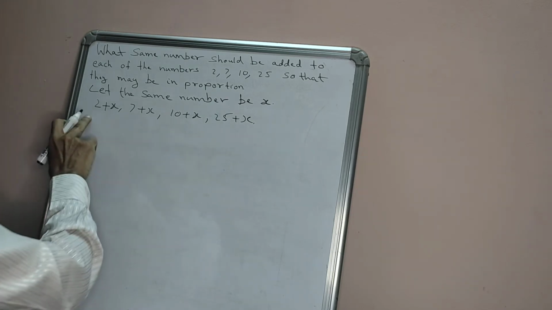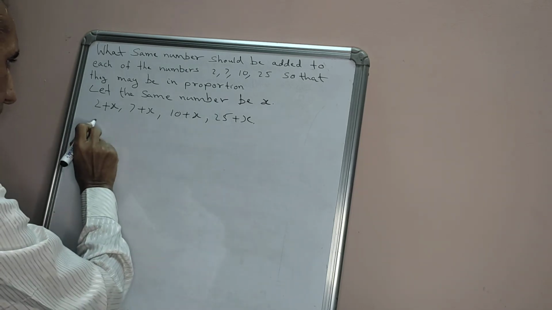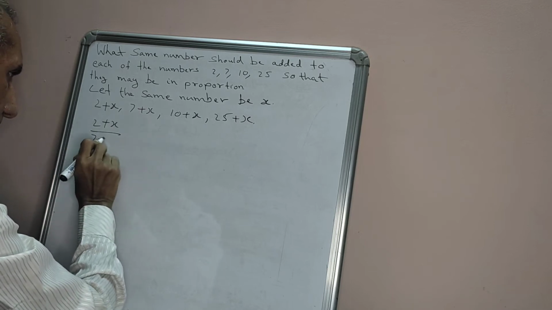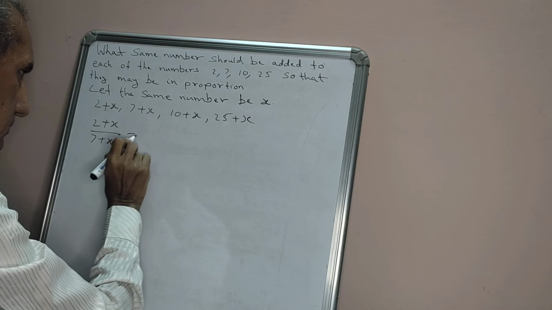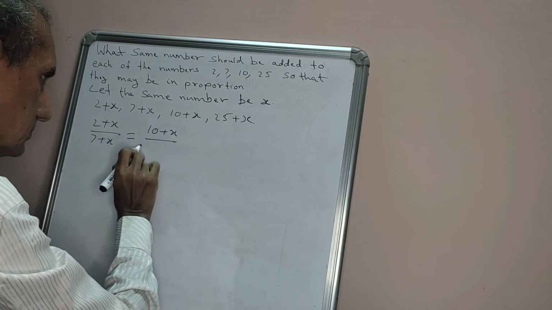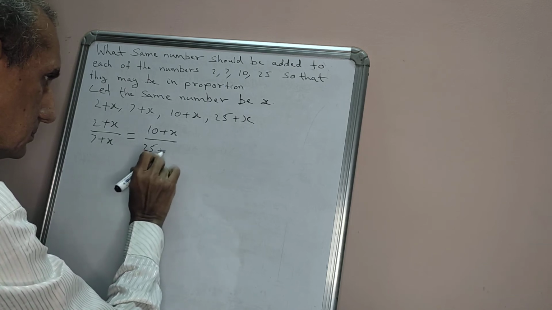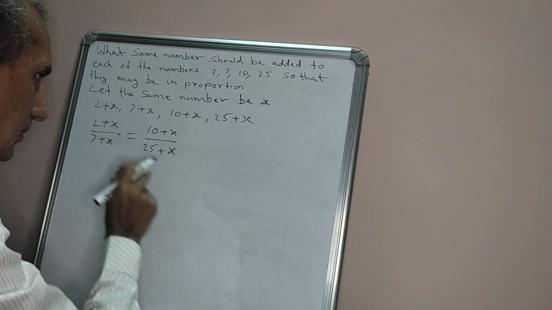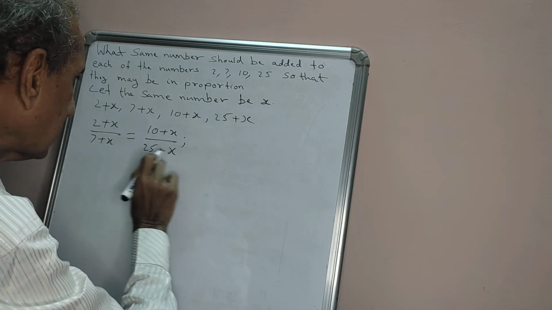Now he says that these are in proportion. That means what? 2 plus x by 7 plus x equals 10 plus x by 25 plus x. Okay, so now cross multiply. On cross multiplication, what do you get?